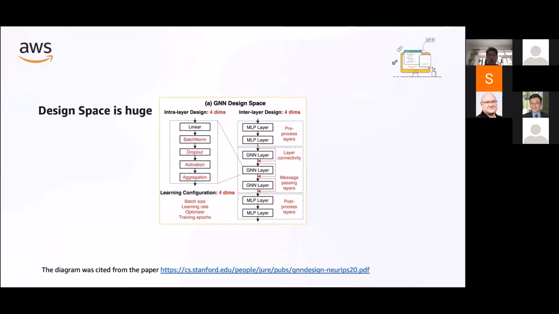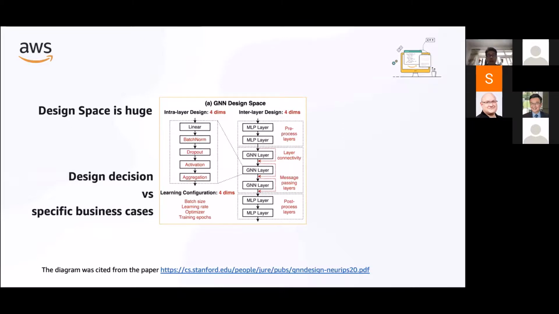But we all know that the design spaces could be much larger than this. That means the practitioner normally needs to make design decisions for the customer data.